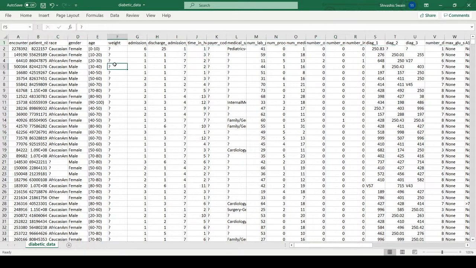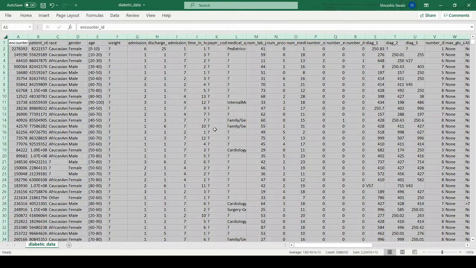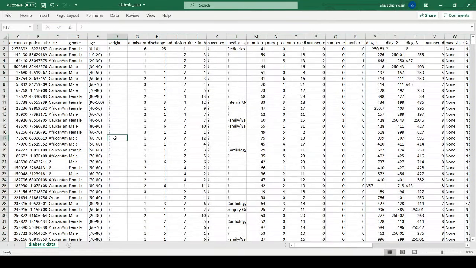Let me check how many rows it has. It has around, let's say, this many rows, like 5088350. And if I have this many missing values or junk values, it doesn't make any sense for my model, so I would just drop this column.